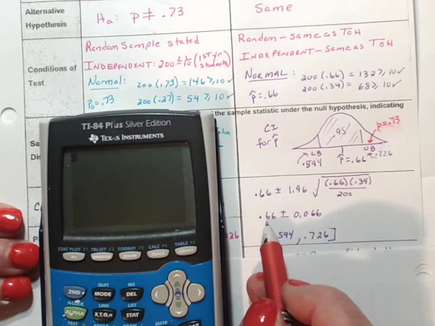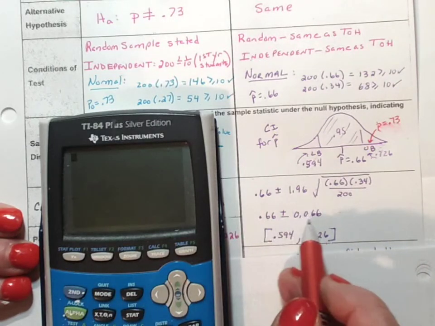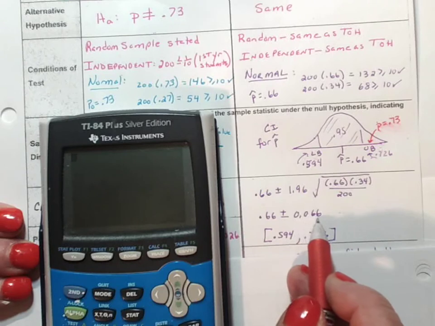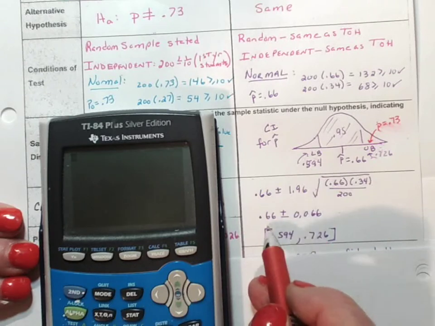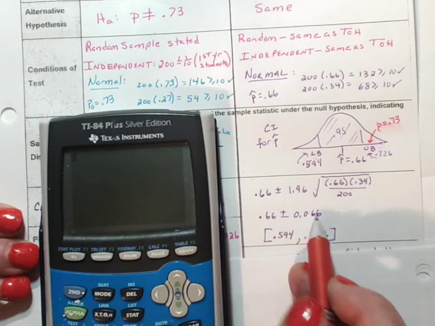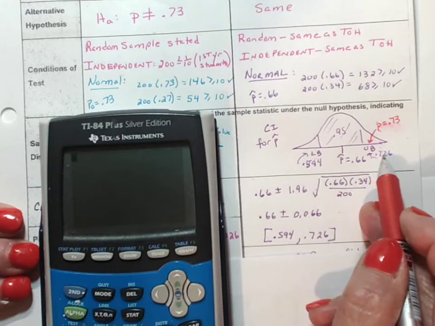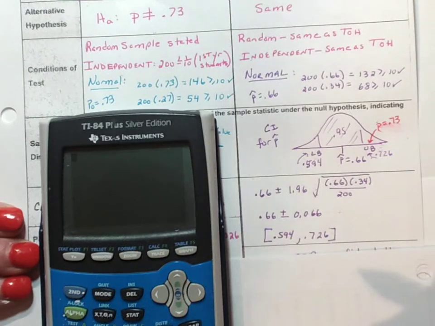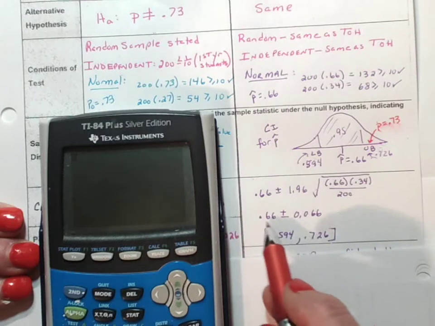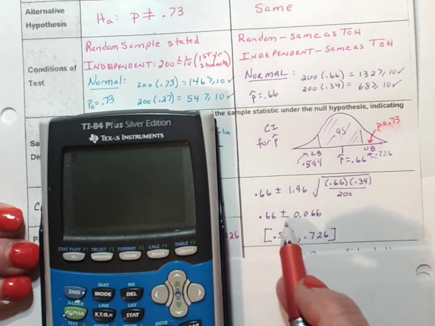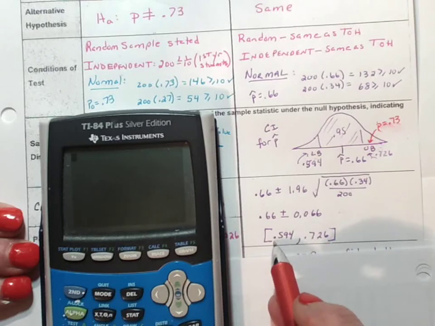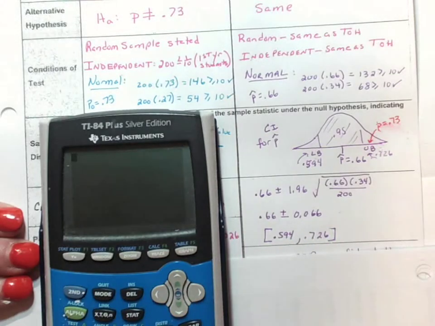So we get 0.66. The margin of error is 0.066. And we take this, add this, and we get the upper bound, which is 0.726. And then we get the lower bound by taking 0.66 minus this value. We get 0.594.